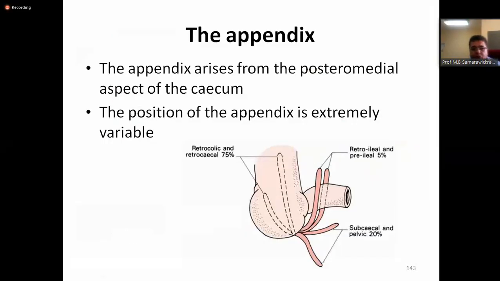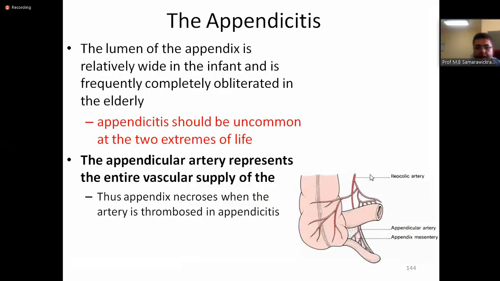The appendix, I told you how to surface mark it, and you have to know its various positions. The appendix is the intra-abdominal structure that most commonly gets inflamed, and it is supplied by a single artery, the appendicular artery, and in appendicitis this artery can get thrombosed and the appendix can become necrosed.